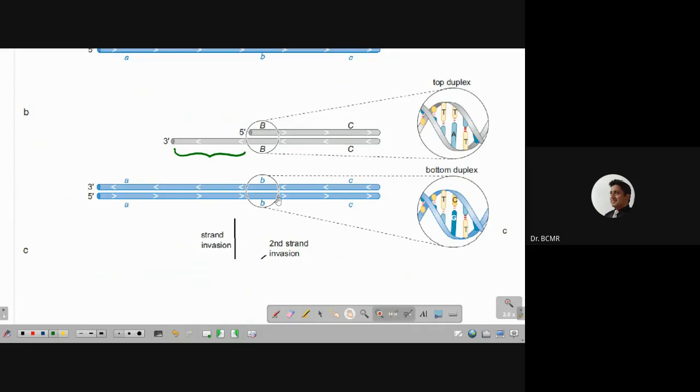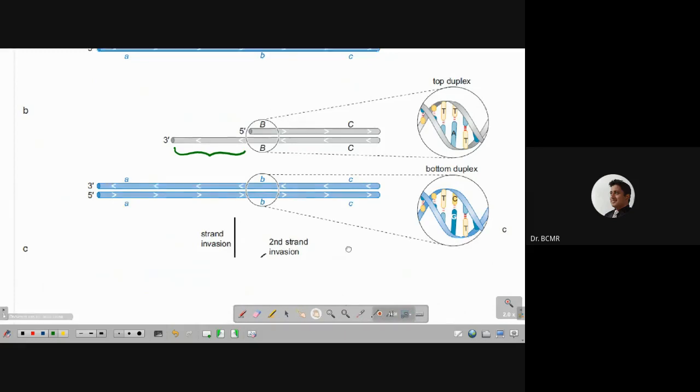On the homologous gene, the small b, everything is the same except there is one base difference. So capital B and small b are very similar but not identical, because there is a base difference in at least one base, like here. So instead of TA, it has CG. That is the difference between those two. Theoretically, just take it that way.